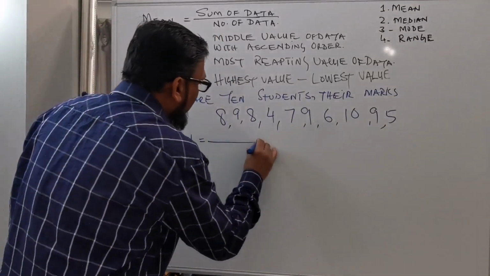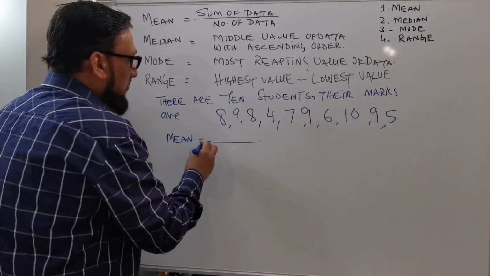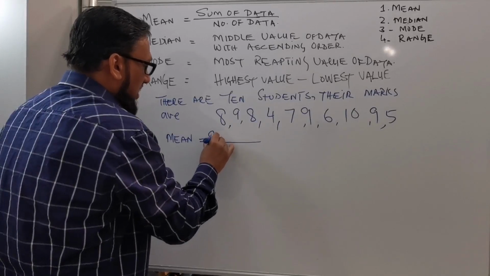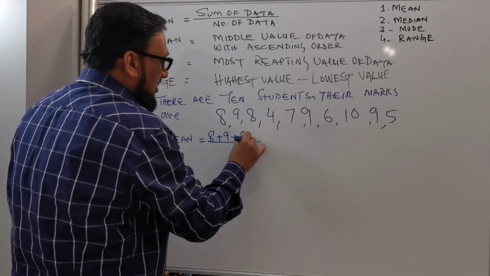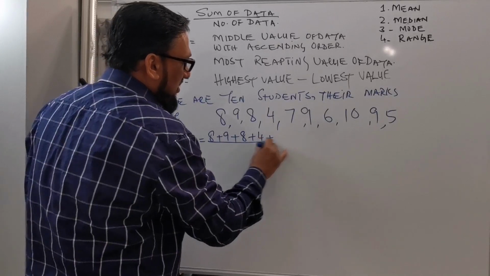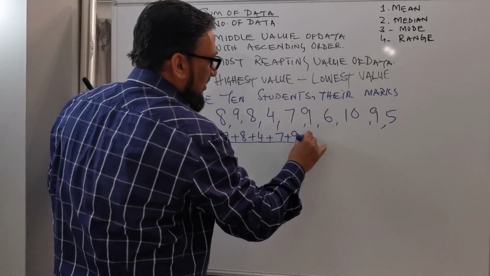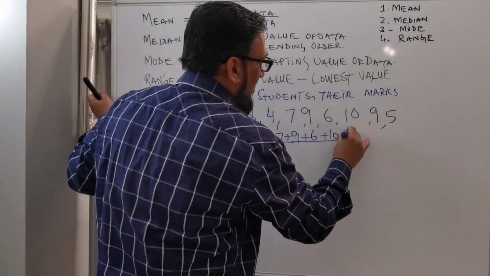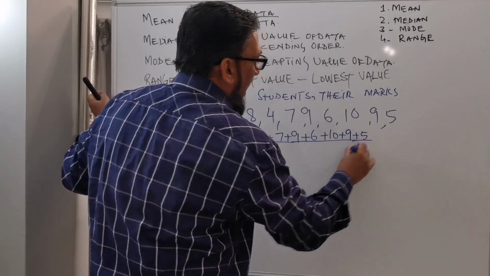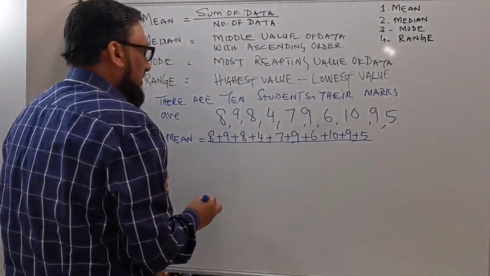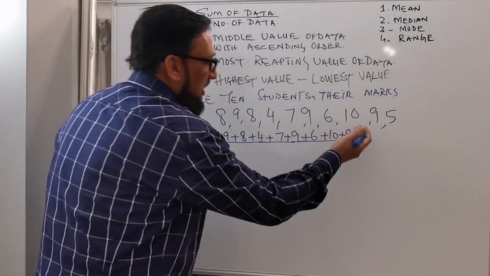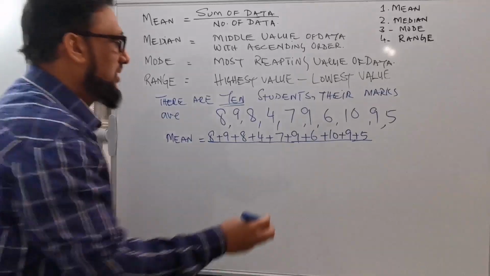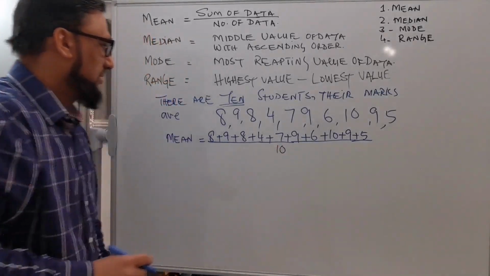So we need to add all numbers, so I'm going to add all the marks, which is 8 plus 9 plus 8 plus 4 plus 7 plus 9 plus 6 plus 10 plus 9 plus 5, and then divide by the number of data, which is 10. How many students are there? 10. So we need to divide by 10.